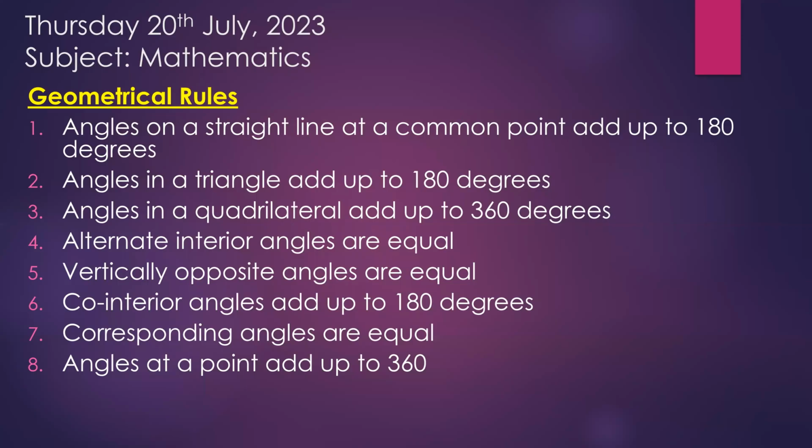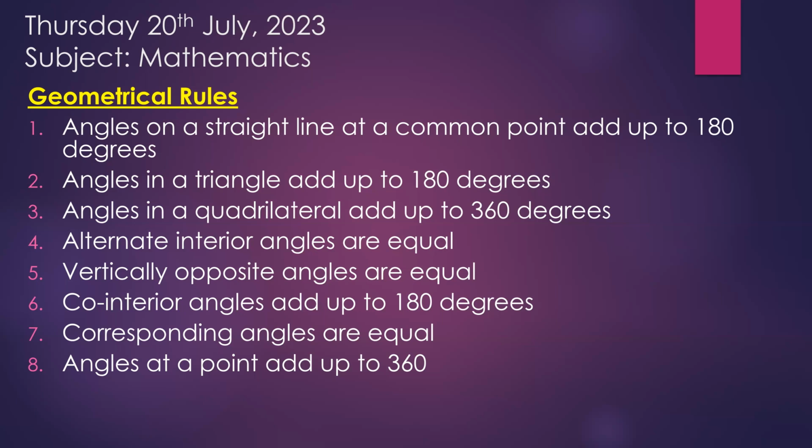Geometrical rules. Number 1. Angles on a straight line at a common point add up to 180 degrees. Number 2. Angles in a triangle add up to 180 degrees. Number 3. Angles in a quadrilateral add up to 360 degrees.